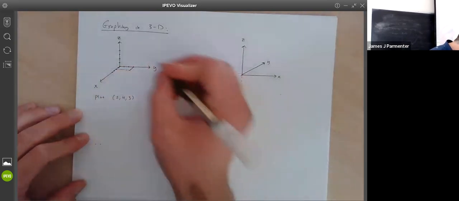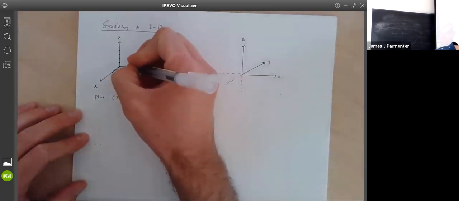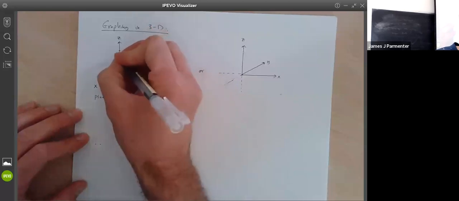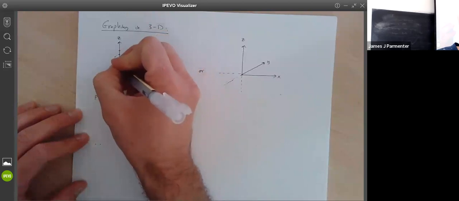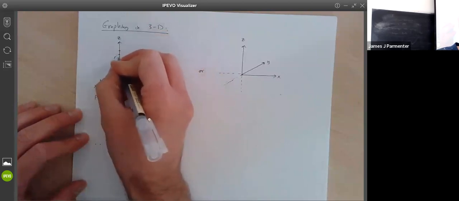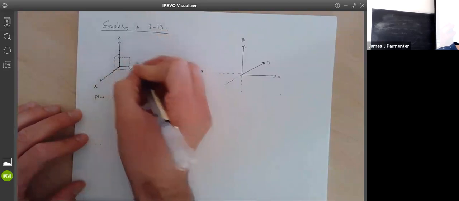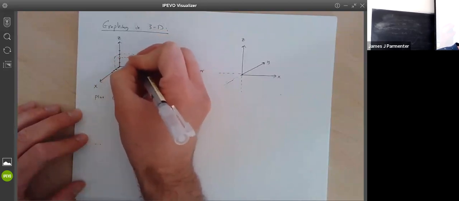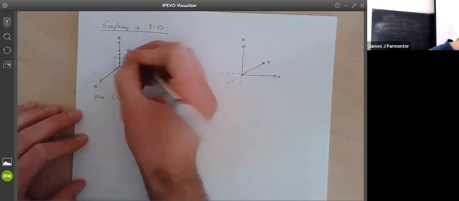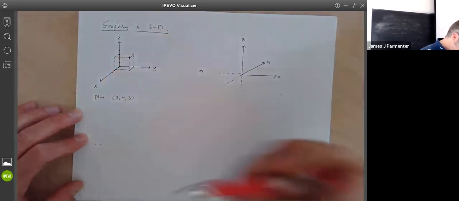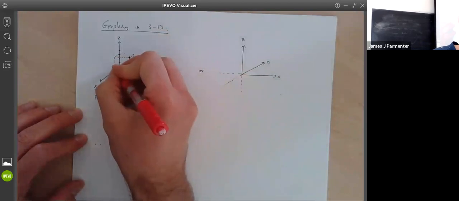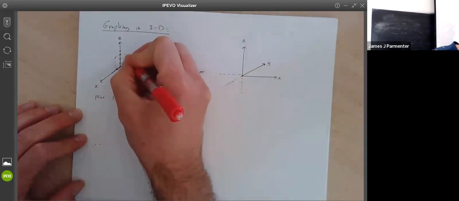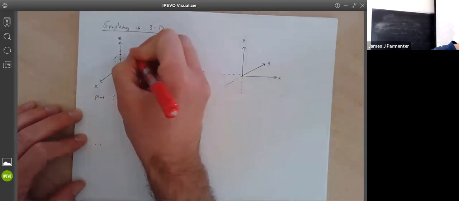And then finally, I'm going to go 3 in the z direction. I'm also going to go 3 in the z direction and then 2 in the x direction. So really, when I'm plotting a point, I'm finding the other corner of this box. So there's my point where I've gone 2 in the x direction, 4 in the y direction, and 3 in the z direction.